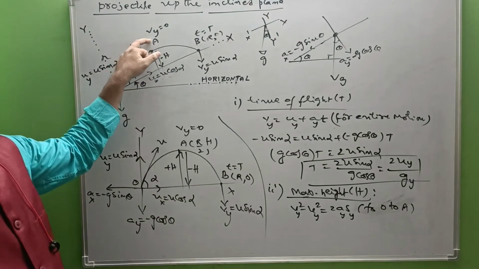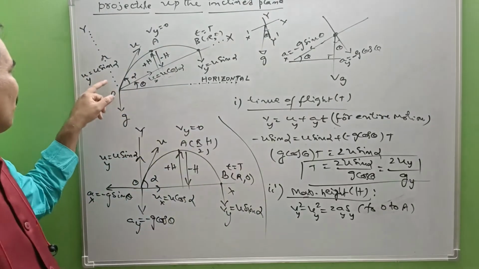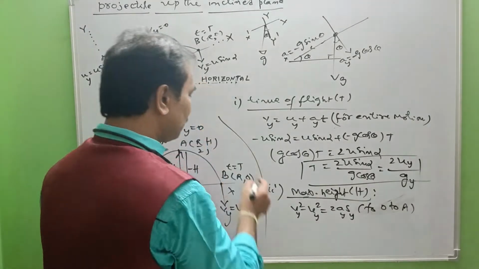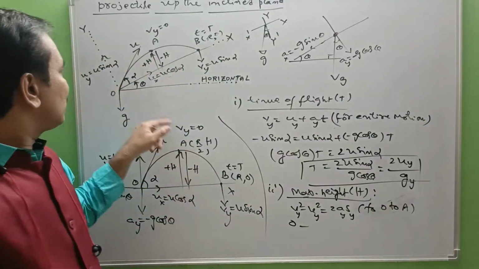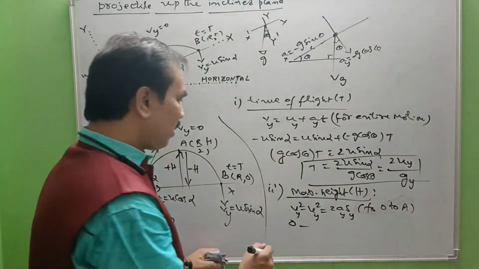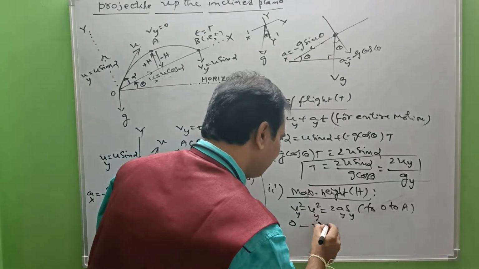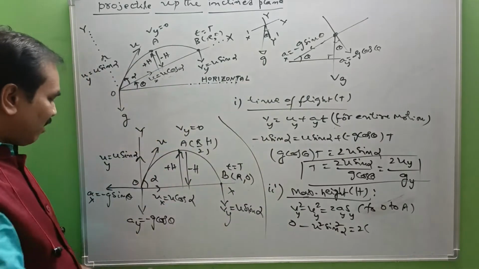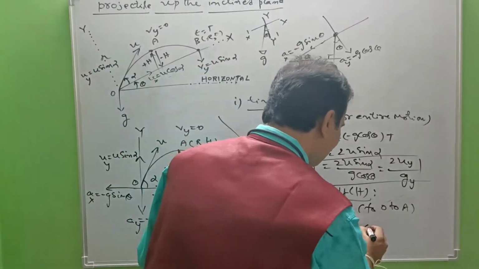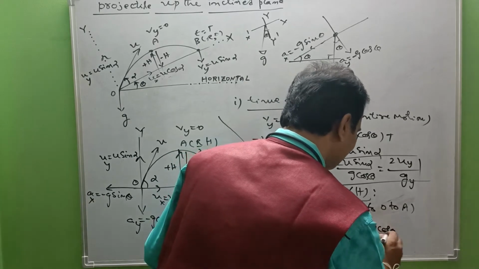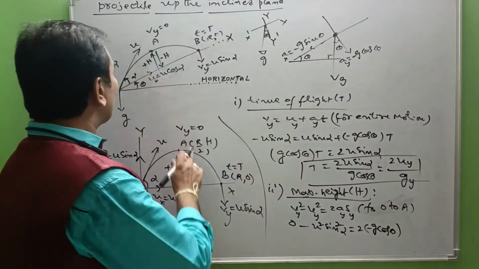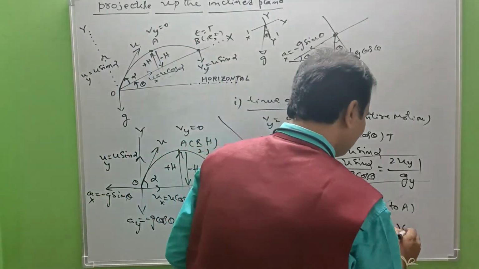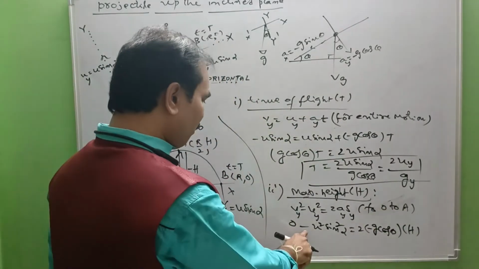The vertical velocity at point A. What is uy? The vertical velocity at point O, the point of projection, that is u sin alpha. So 0 minus uy square means u square sin square alpha equal to 2 into ay, which is minus g cos theta, into sy. Sy means from here to there, that is plus h. So minus minus cancel.